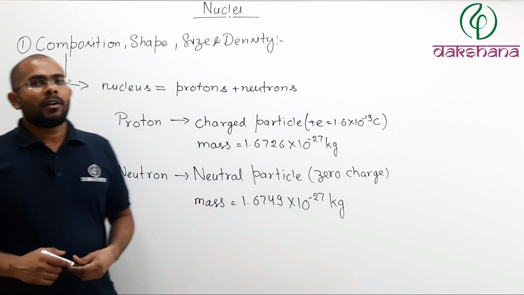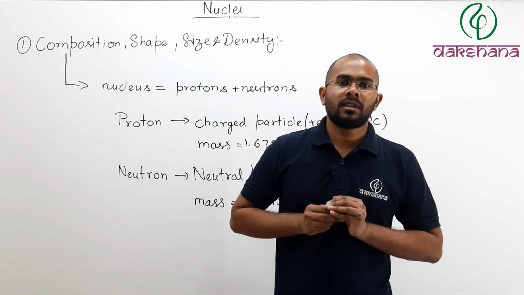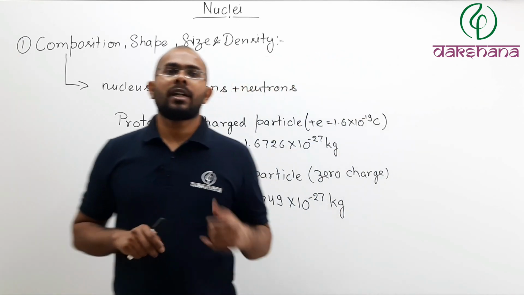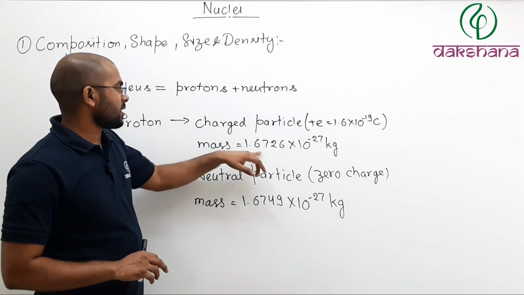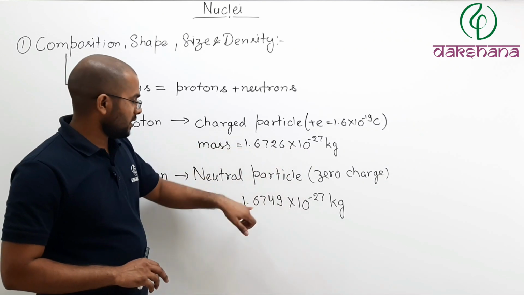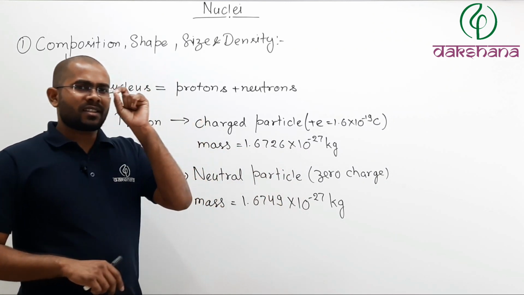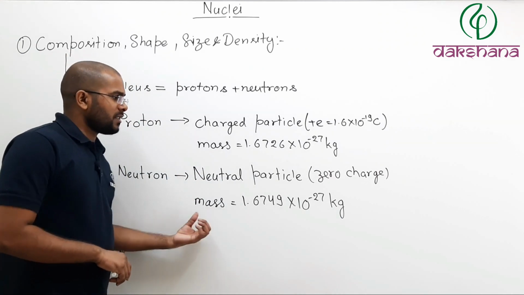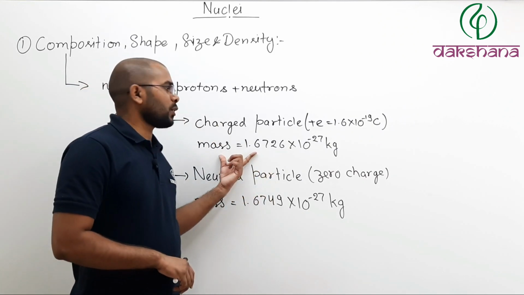Now, when you solve questions, most of the time we take the mass of proton and the mass of neutron to be the same, because this is 1.6726 and this is 1.6749. So they are very slightly different. The mass of neutron is very slightly greater than the mass of proton.